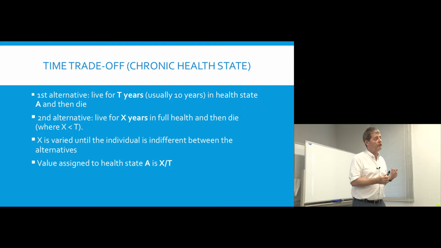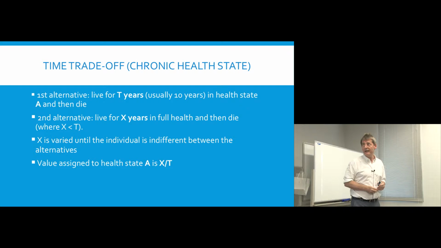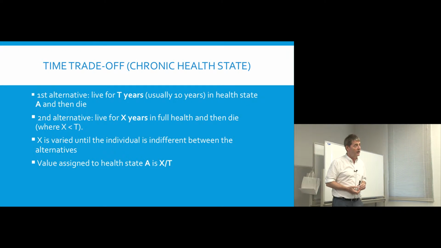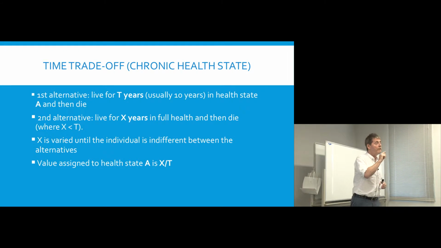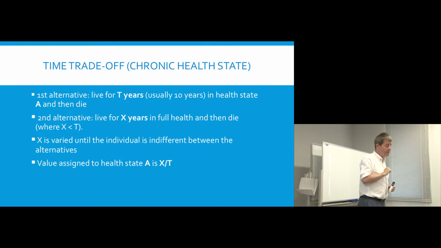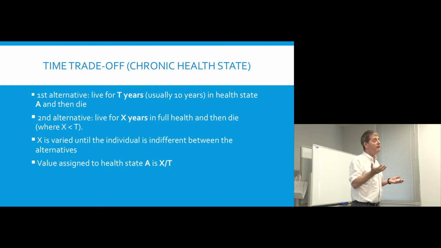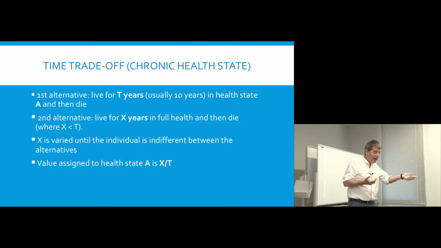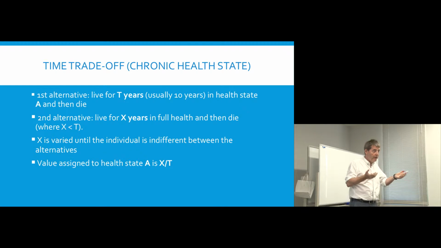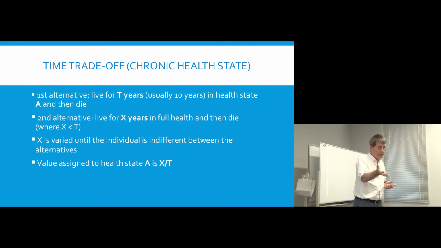But it's not just a case of choosing one alternative over the other. What the elicitation process is trying to do is find out what value of X, what period of time in full health would leave the respondent balanced between having 10 years of ill health or a shorter time of full health.